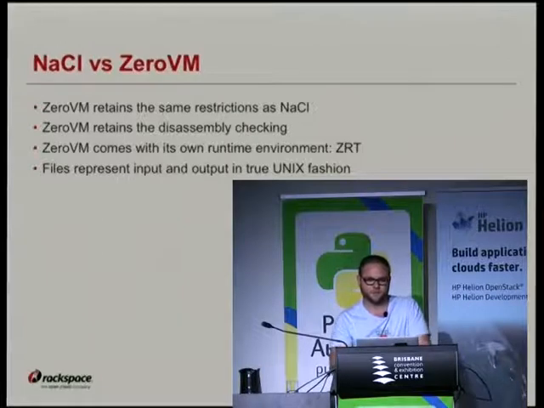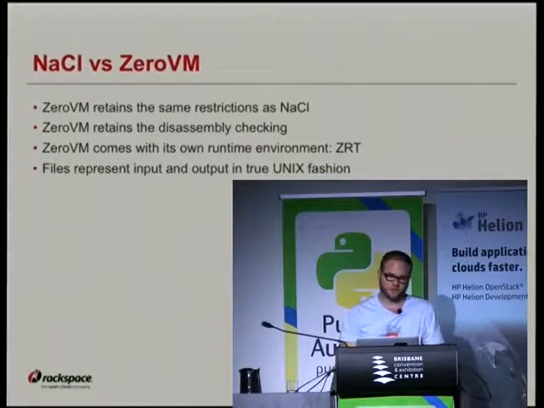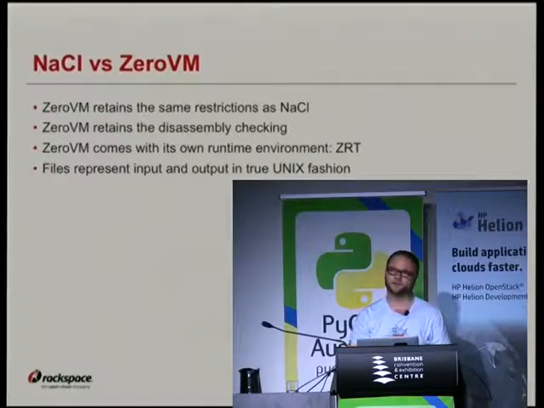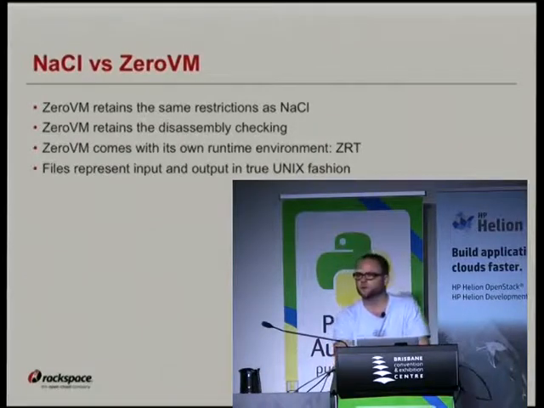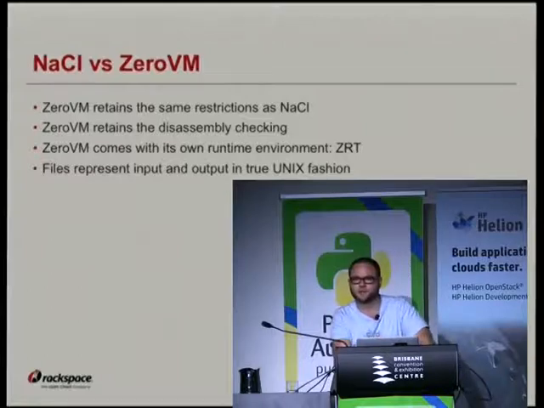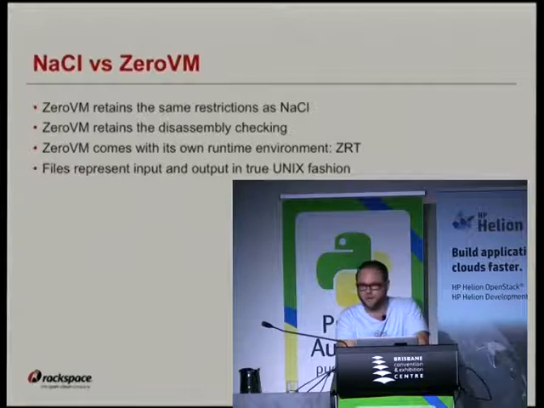We've mentioned before that it comes with its own runtime environment. The runtime environment is unique in that it presents a very Unix-like environment to the application. As you'd expect, standard in, standard out, and standard error are all present, and they're represented as files.